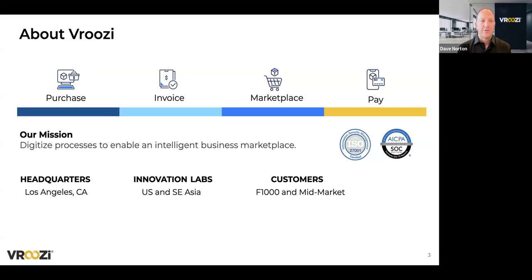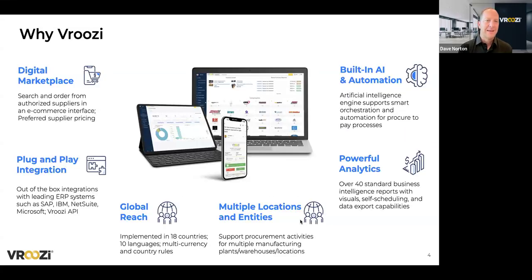We are your partners, handling and assisting you in all things from purchasing, invoicing, putting all your suppliers in one digital marketplace, all the way through payment. As I mentioned, we're headquartered in Los Angeles. We're in over 18 countries today, and we currently provide services to Fortune 100, Fortune 500, and Fortune 1000 clients.